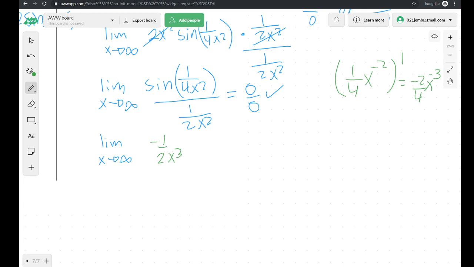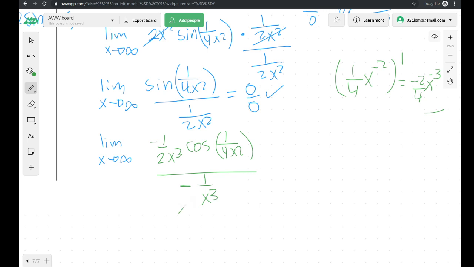The derivative of sine is cosine, so cosine of 1 over 4x squared. Then we divide by the derivative of 1 over 2x squared, which is the same as this, but then the 2 cancels out. So we have negative 1 over x cubed.